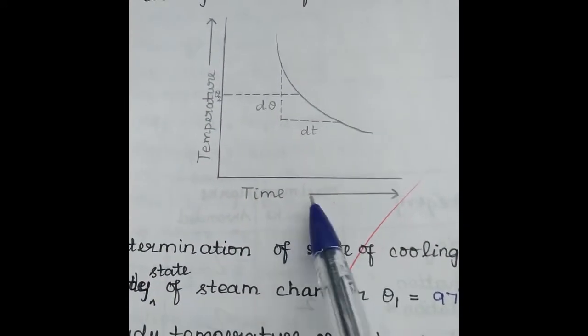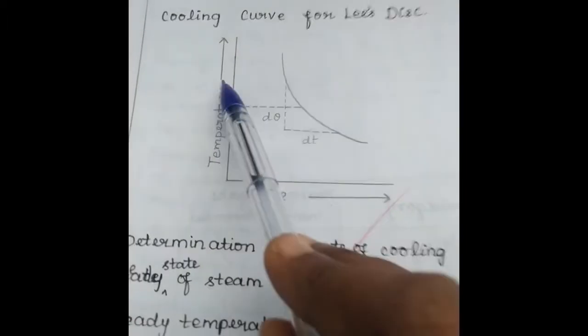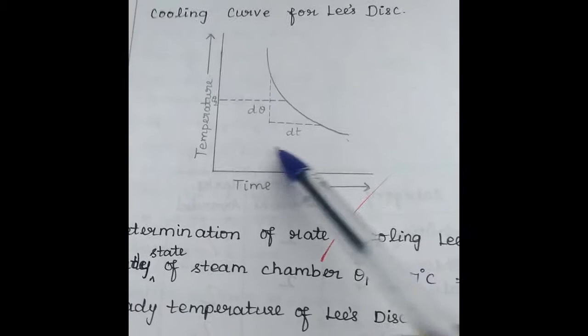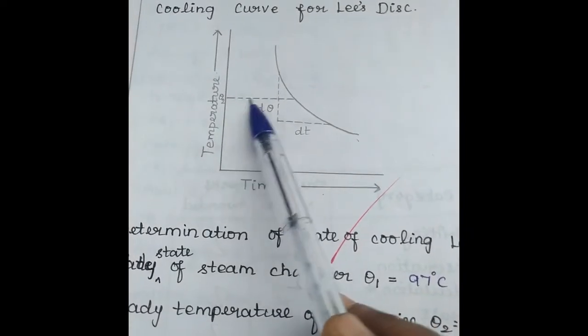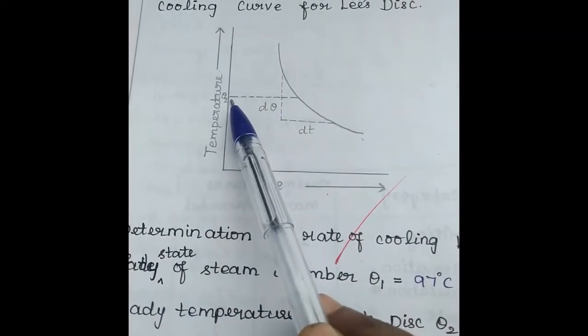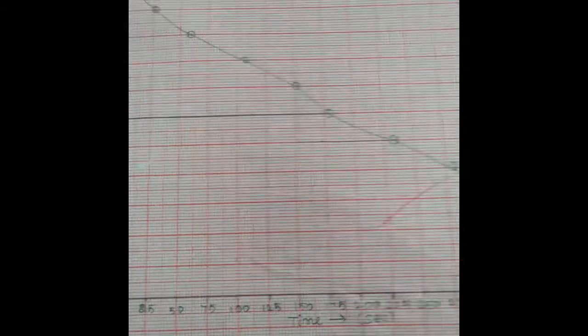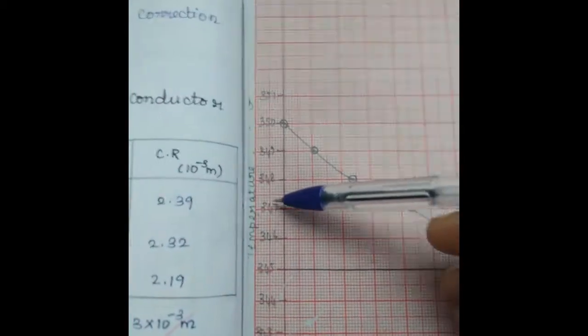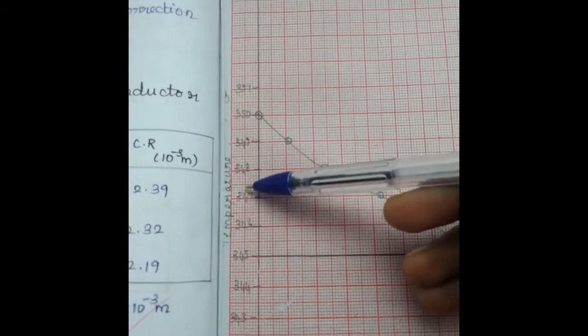Time is taken along the x-axis, temperature is taken along the y-axis. You will be getting a curve like this. At steady state temperature, you can draw a line representing the steady state temperature. Let me show you the sample graph here. As you can see, time is taken along the x-axis in seconds and temperature along the y-axis in Kelvin.